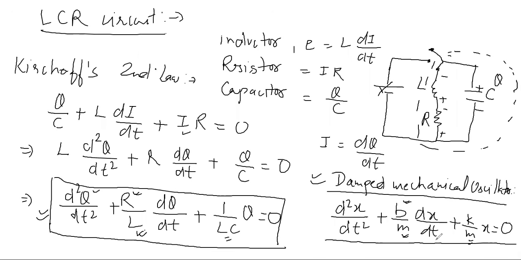right? Yes. Okay, please go back to that. For the time being for this lecture, just trust us when we are saying that for damped mechanical oscillator, ये आपकी equation है.